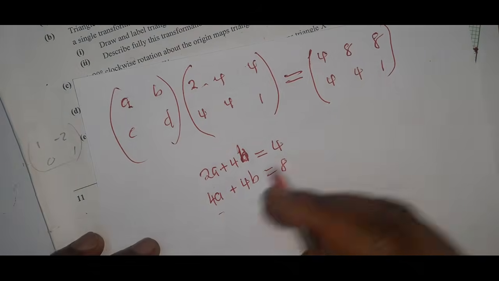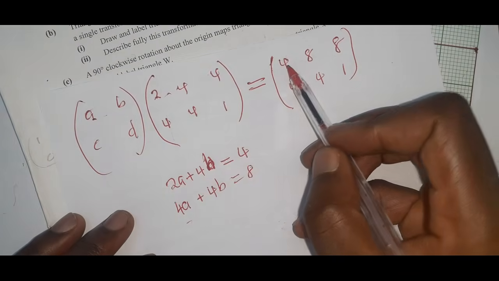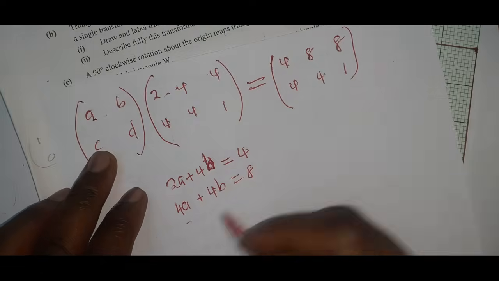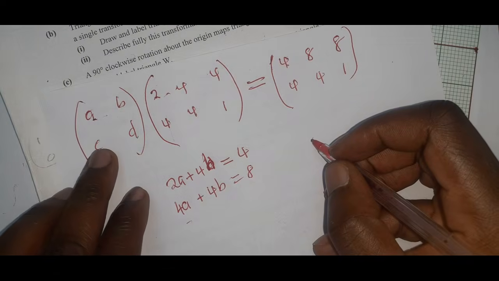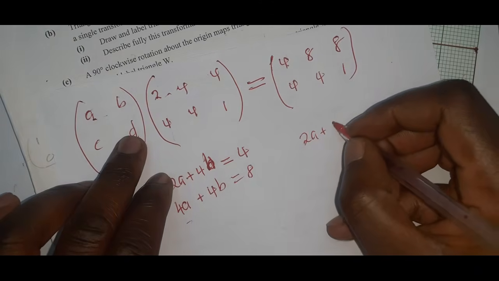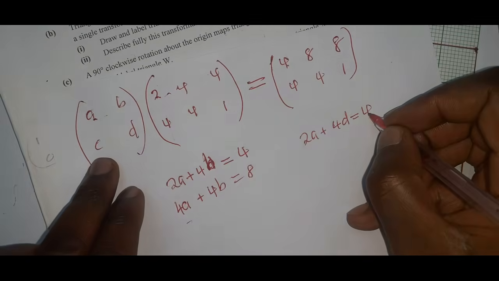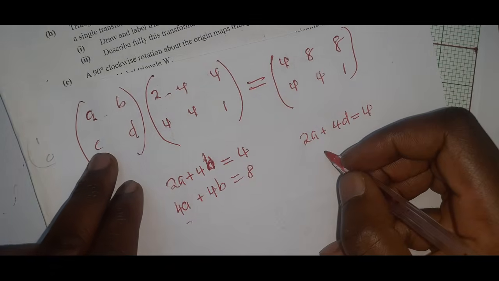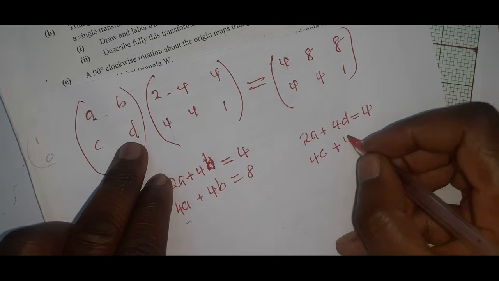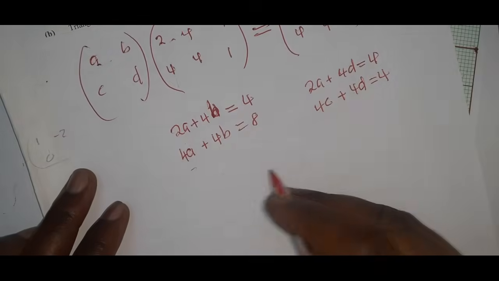Okay, so these two will help us to find. We are using this one and this one, then equate to this one. So we can also do the same for the second one. This will be 2C plus 4D is equals to this 4 now. Then 4C plus 4D is equals to, again, 4. So we solve these simultaneously.